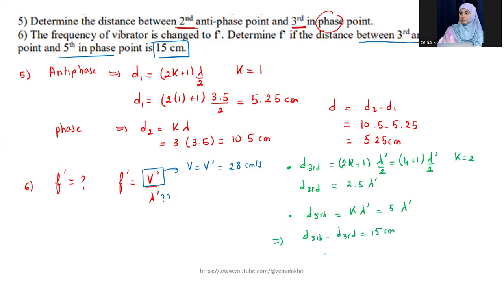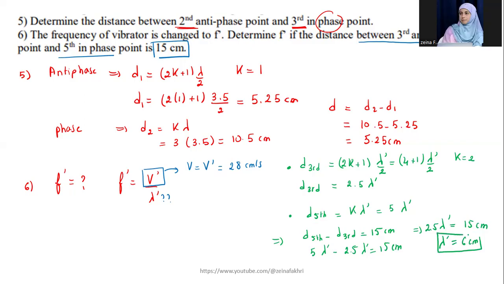So I can now substitute: 5 lambda prime minus 2.5 lambda prime is equal to 15 centimeter, which means that 2.5 lambda prime equals 15 centimeter, and then lambda prime is equal to 15 over 2.5, which is equal to 6 centimeter.